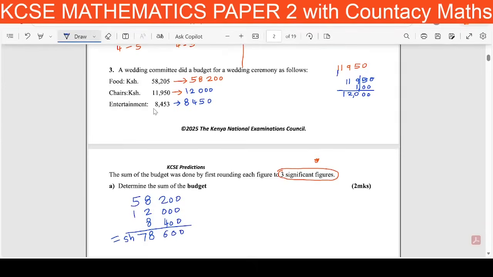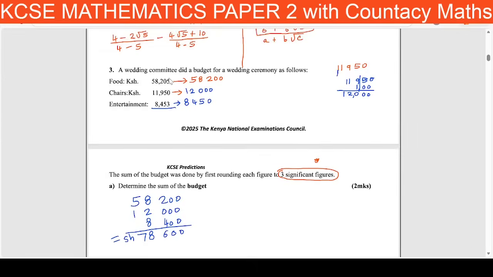To get the actual budget, we add these figures here. We can add them directly with our calculator so that we can be a bit faster. 58,205, we add that to 11,950, and then we add that to 8,453.